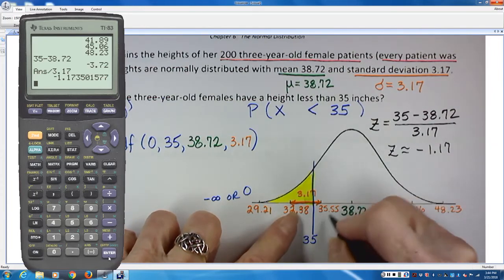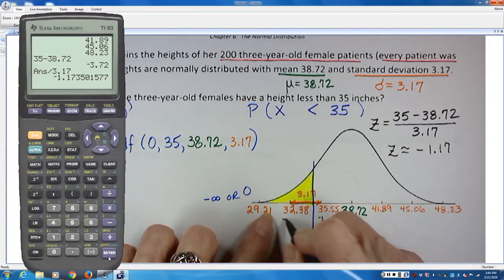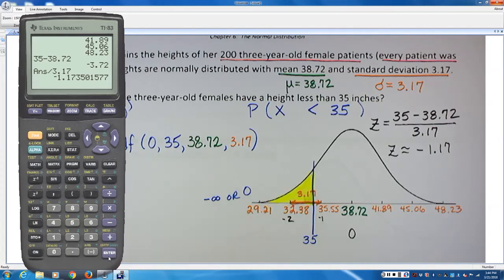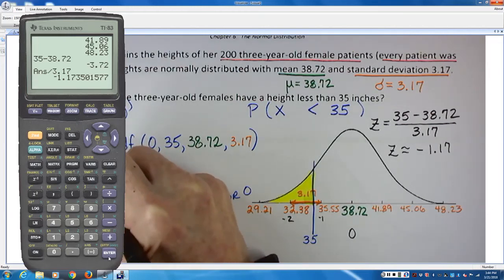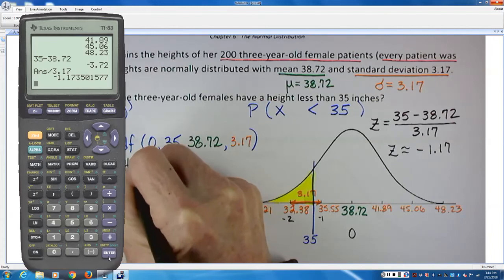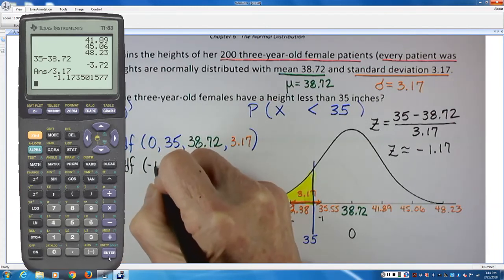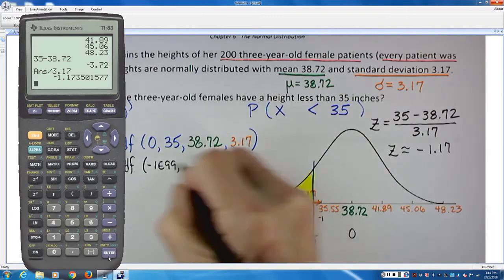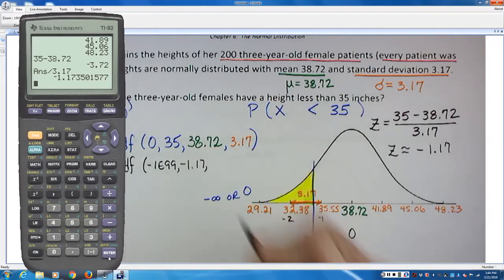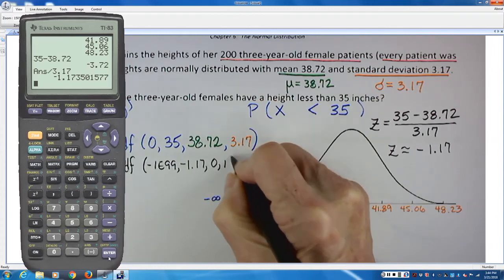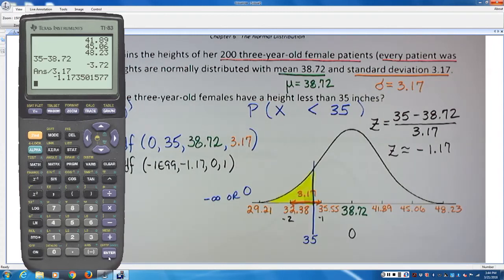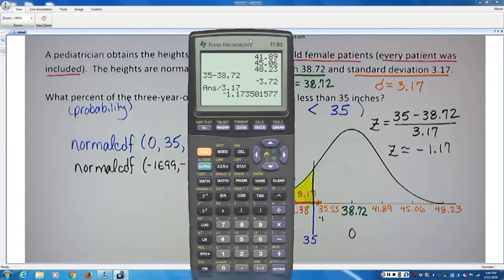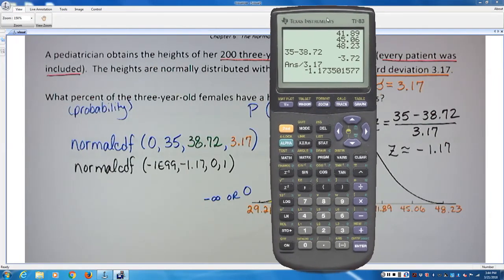And you can see that this would be a negative 1 right here at 35 and negative 2 here. So that is just a little bit further from 0 than negative 1. So that means that this is equivalent to doing this. If we did both of those, we should get the same answer. So let's see how close we get.